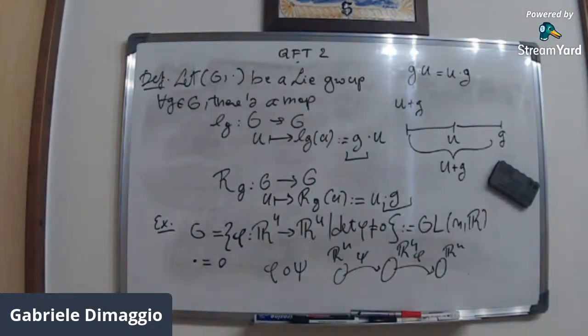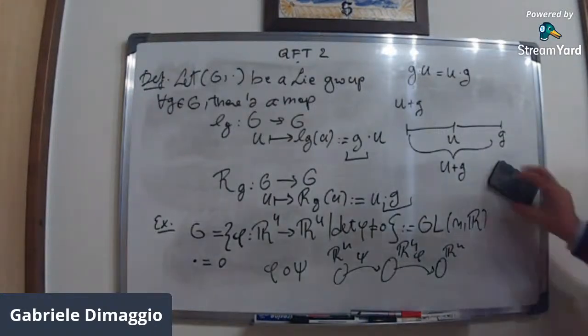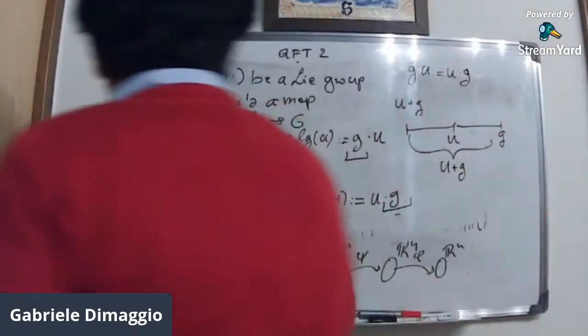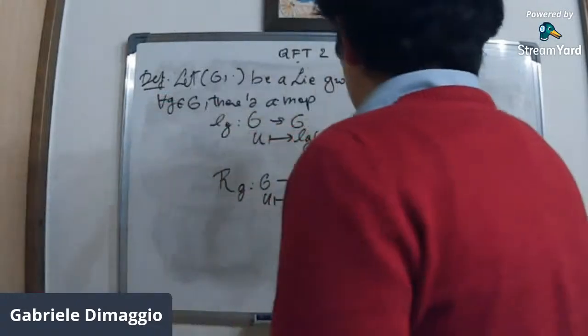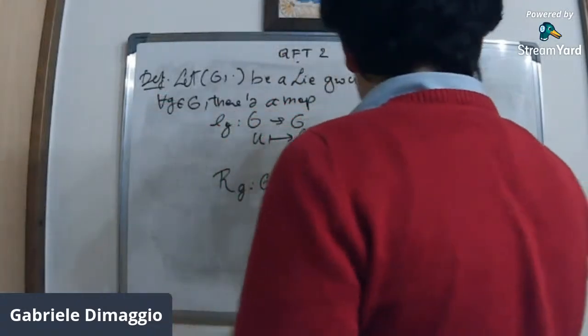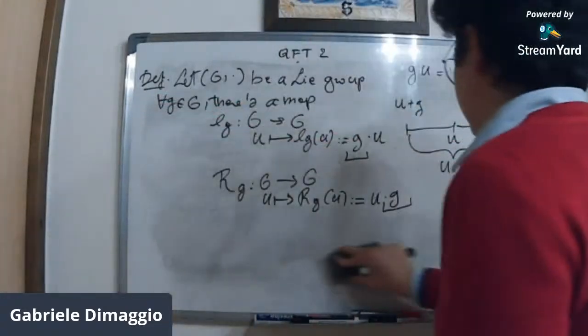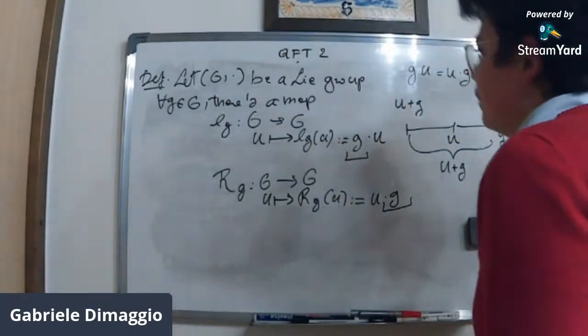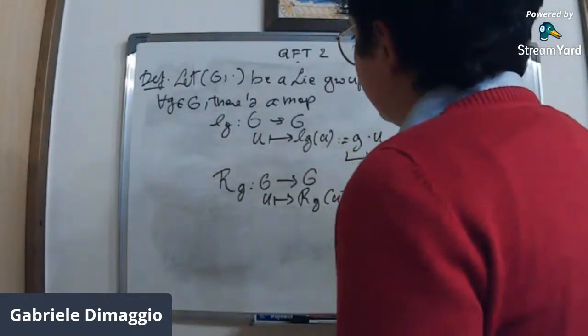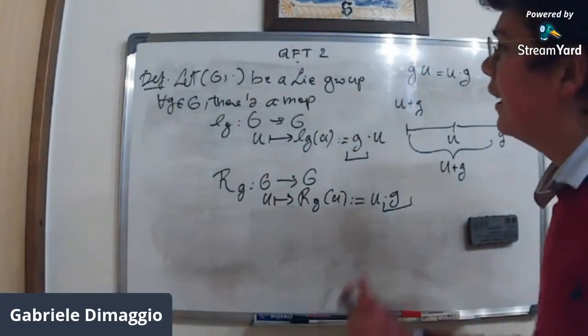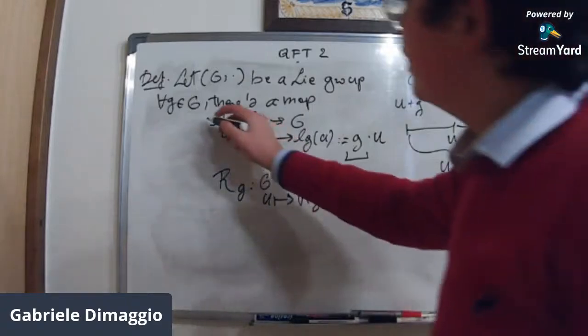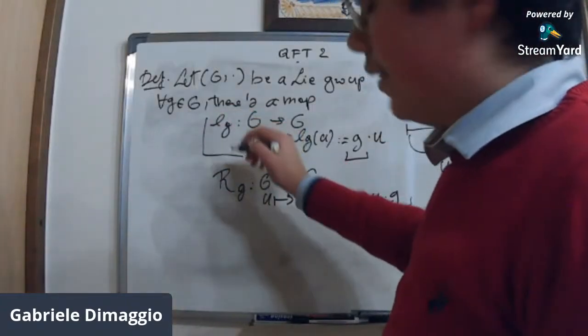So now this is the left translation, and I have this map. I am interested in this left translation.